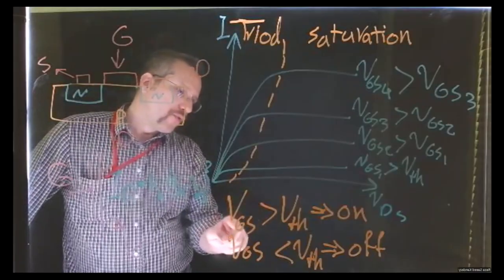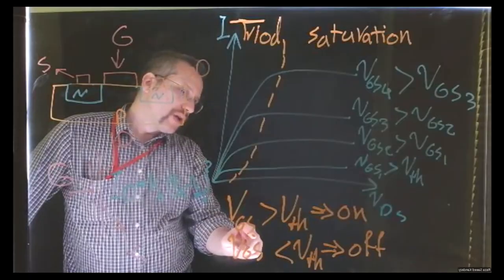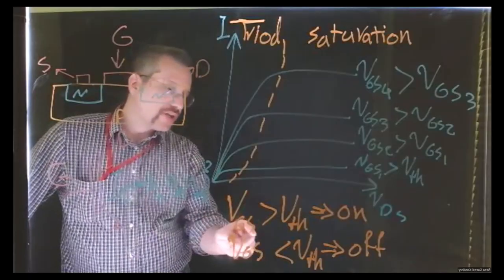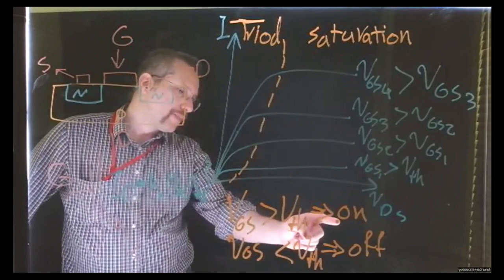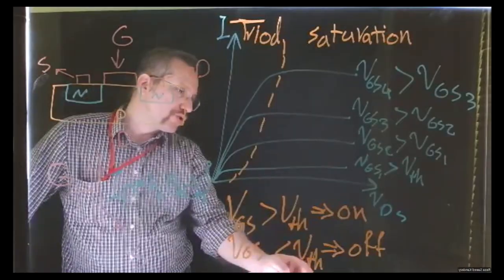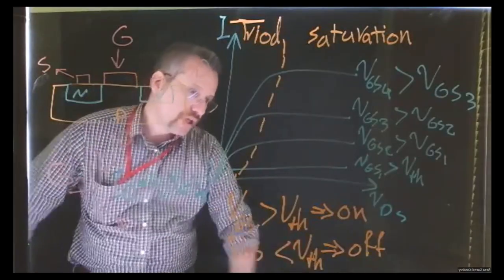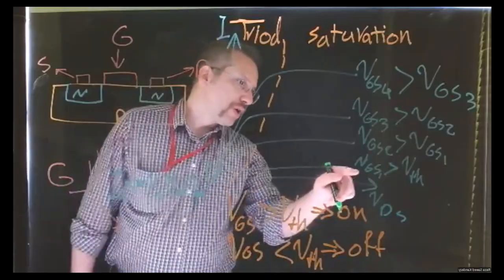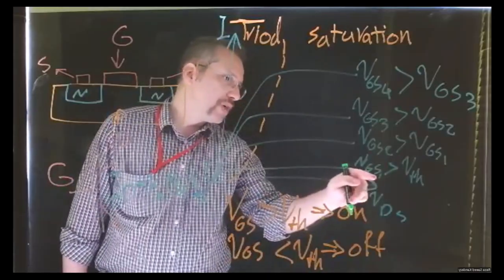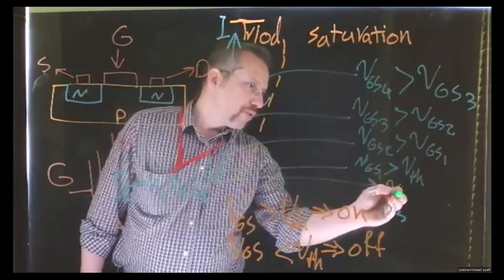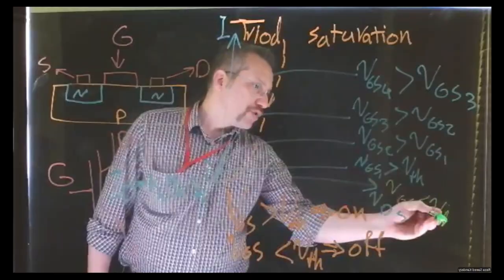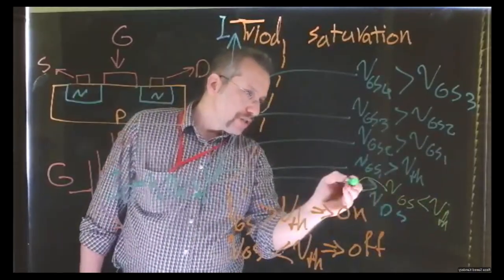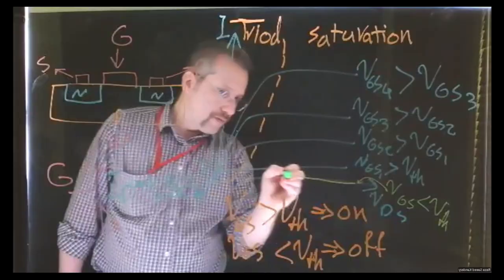If the voltage between gate and source exceeds the threshold, the switch is on. If it's lower than the threshold, the switch is off. So if our voltage between gate and source is lower than the threshold voltage, this comes in an off curve.